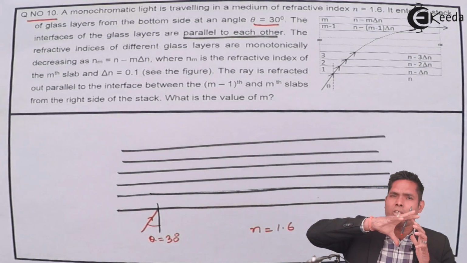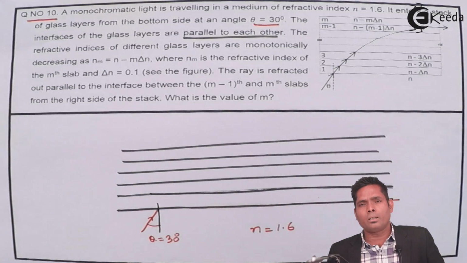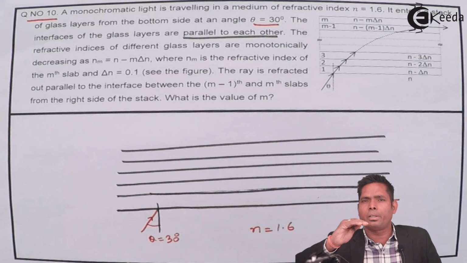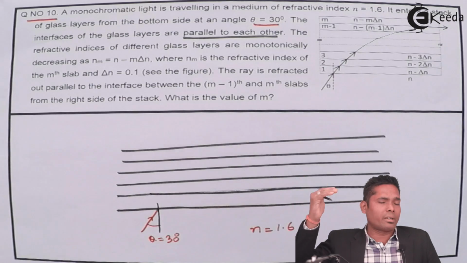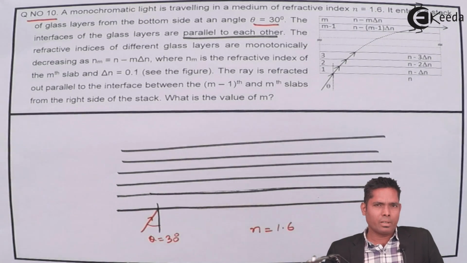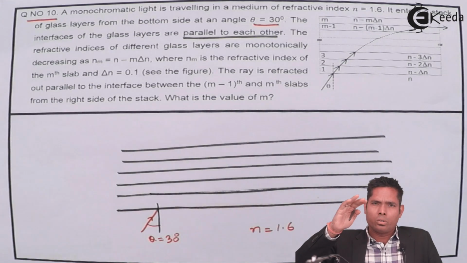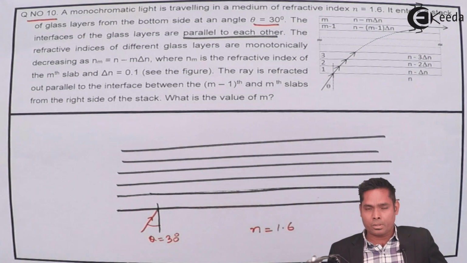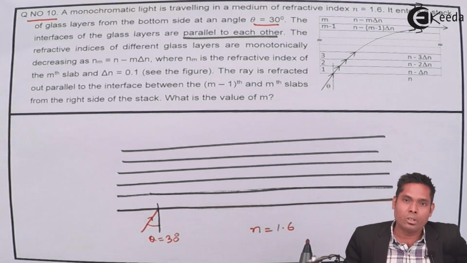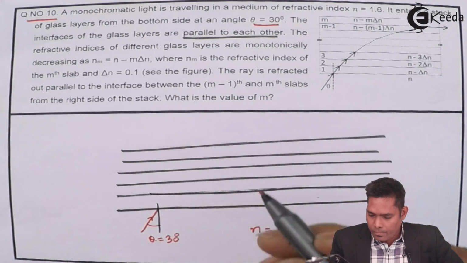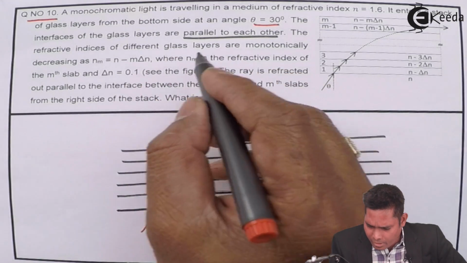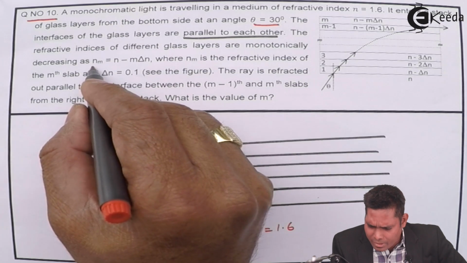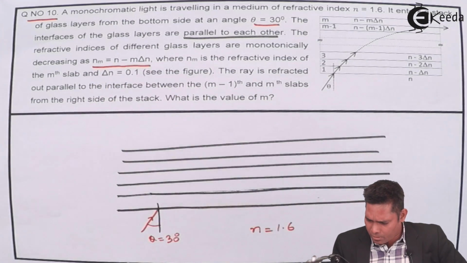That means the ray is continuously moving from a denser medium towards a rarer medium. So gradually it will bend like that, and there is a possibility of total internal reflection, as the refractive index keeps decreasing.